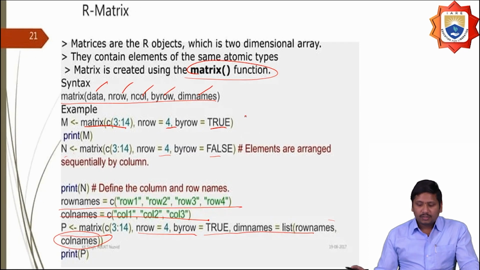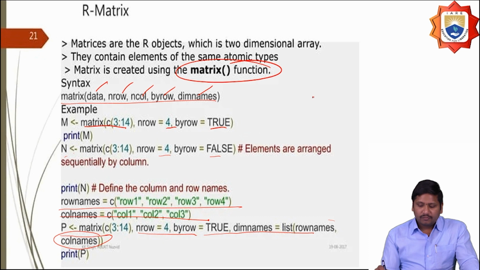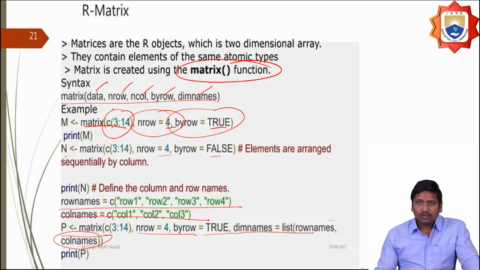So R matrices. This is created by making use of the matrix function, and you can generate it in the form of a matrix. You can specify the rows and columns, the size of the matrix, rows and then columns, right?